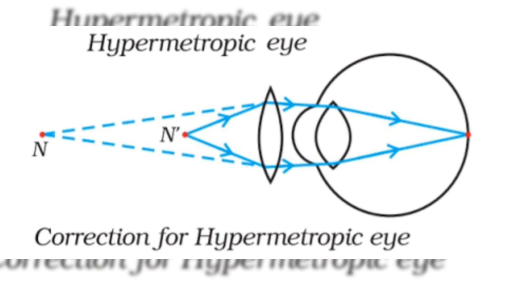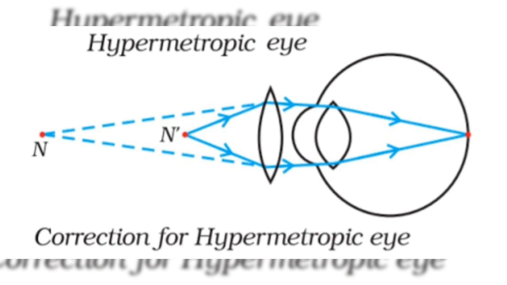Due to this, the convex lens forms a virtual image of the nearby object at the near point N' of the hypermetropic eye. Since the rays of light now appear to be coming from this eye's near point N', they can easily be focused by the eye lens to form an image on the retina.